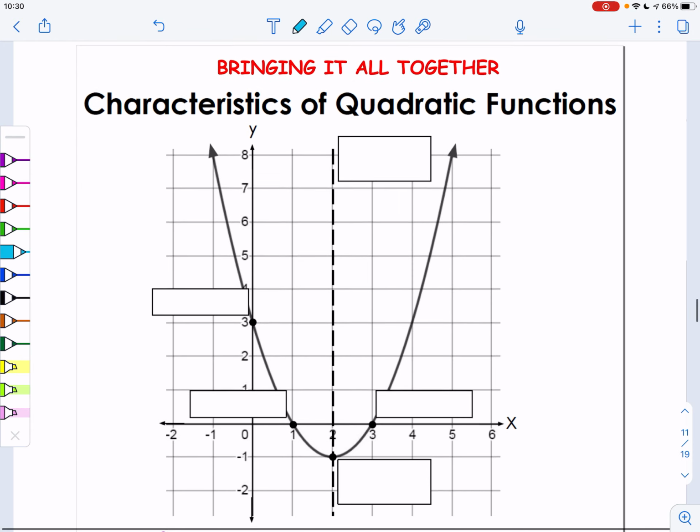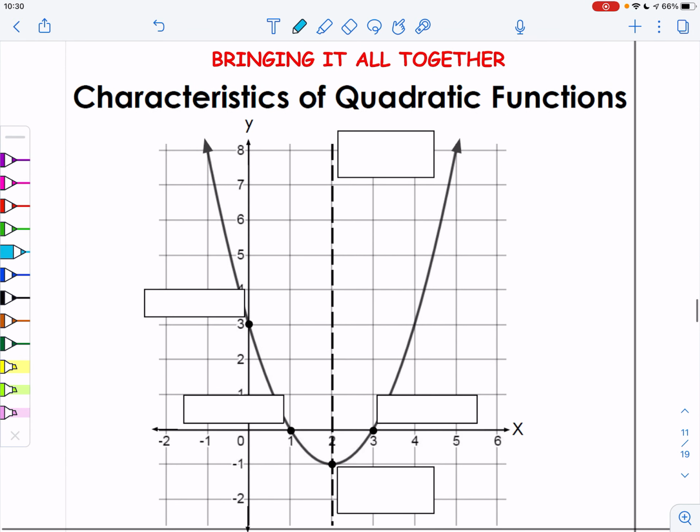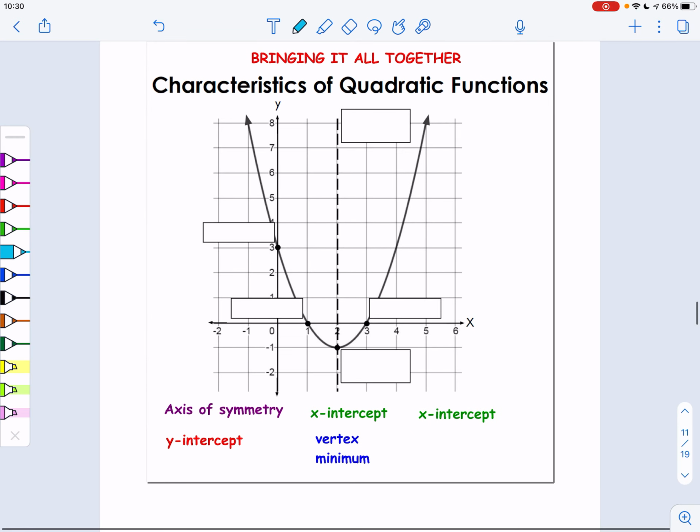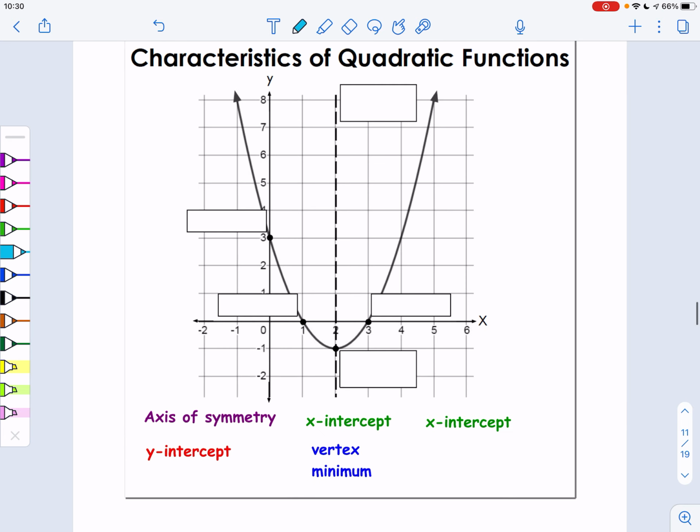So let us bring this all together. Let's start with your minimum point, your minimum value. This is your vertex. And since your graph is opening up, you will have a minimum.